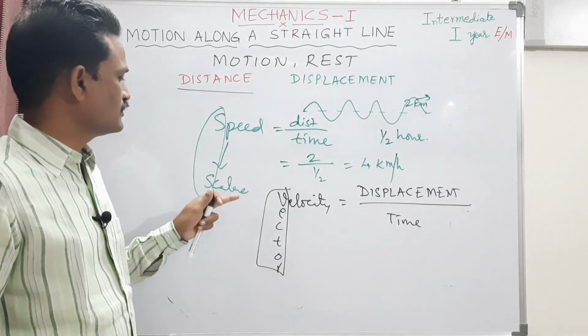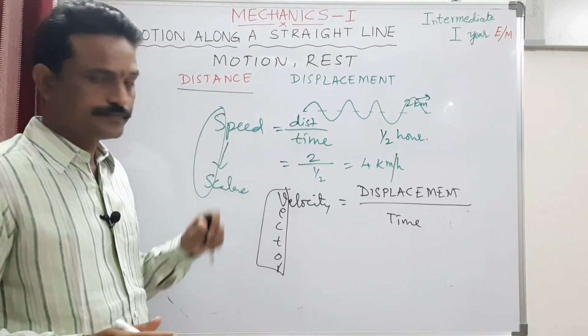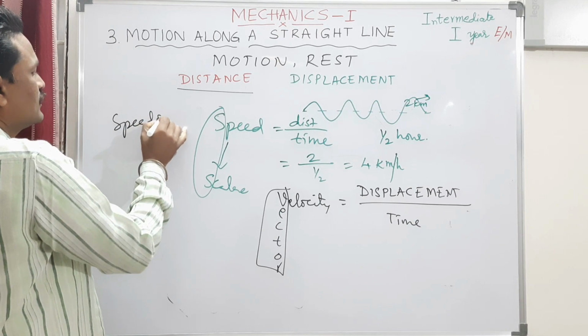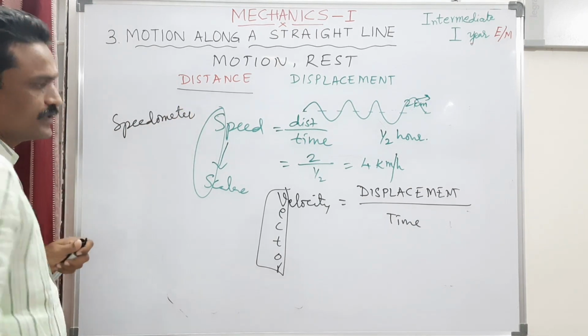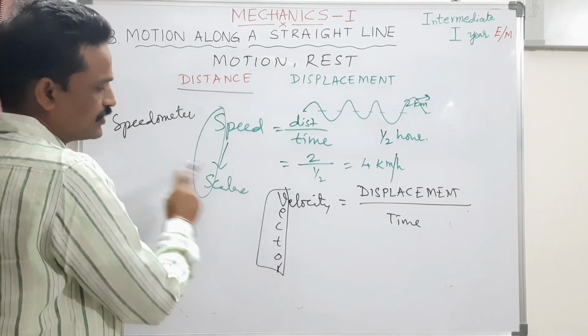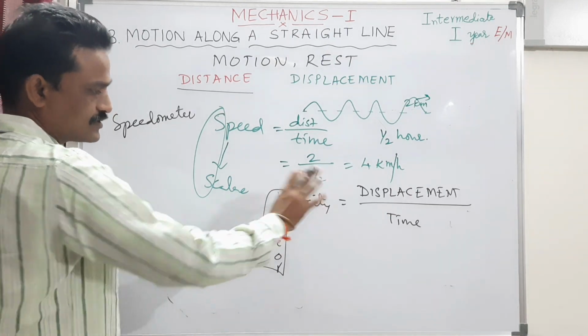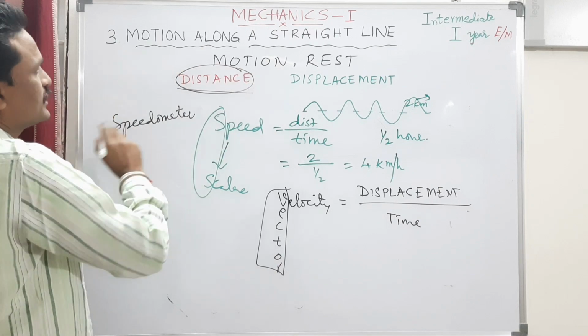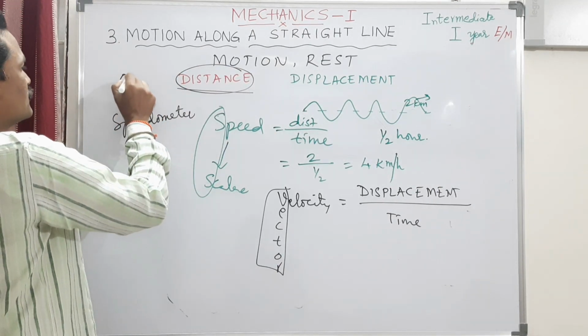So in our daily life, we come across speed. Speed is measured by speedometer. So all the vehicles have got speedometers, but no speedometer measures velocity. Distance is measured by an instrument called odometer.